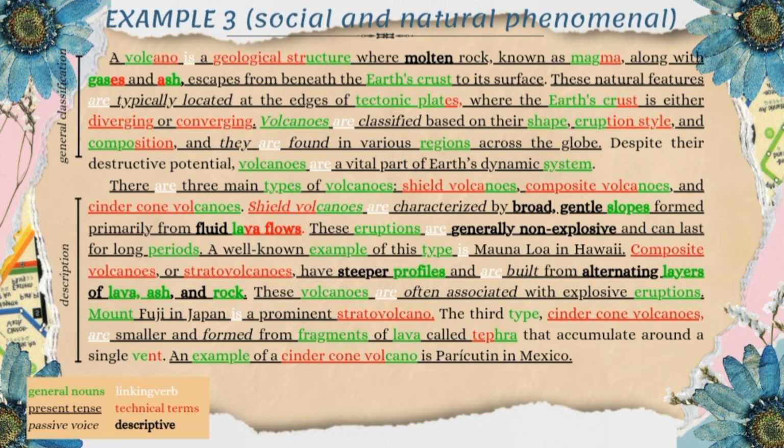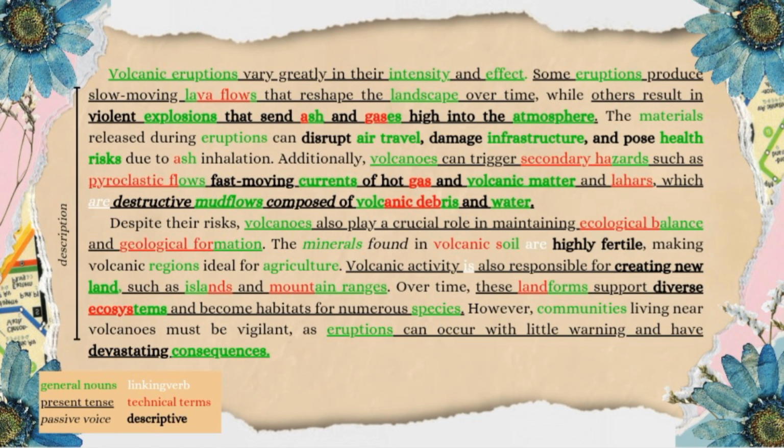Next is passive voice marked with italic words. In this example, there is only one passive voice that I could find. It's shield volcanoes are characterized by broad, gentle lobes formed primarily from flat lava flows.